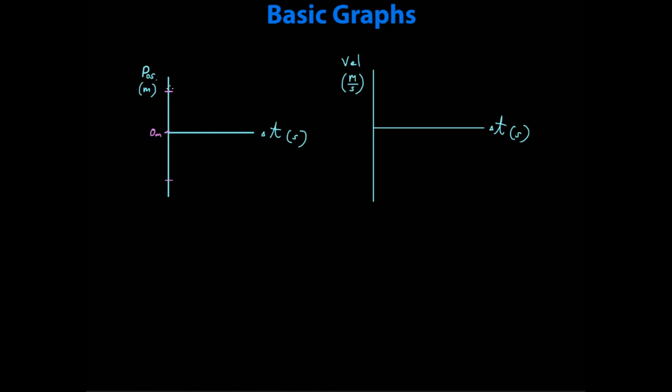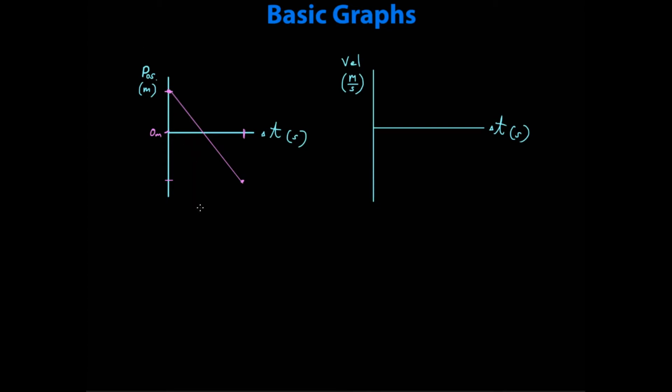So we started at the positive 10 meter mark, ended up at the negative 10 meter mark, which means, and if this is the 4 seconds, he ended up here. Now, as he went from right to left, there was no change in his velocity, which means this graph is a straight line from the first point to the last.